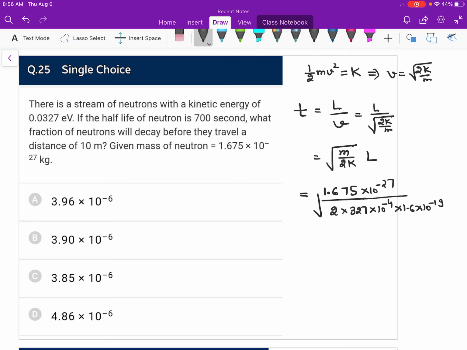So this is m by 2K, and into L, which is 10 meter.